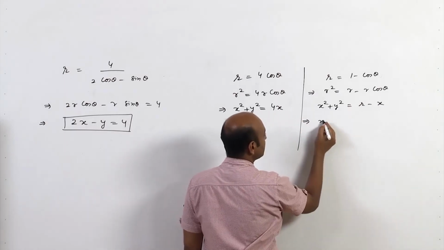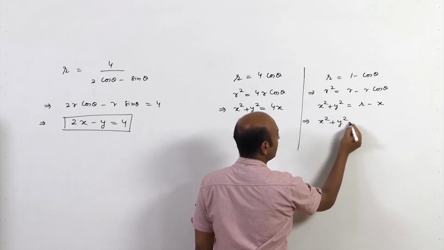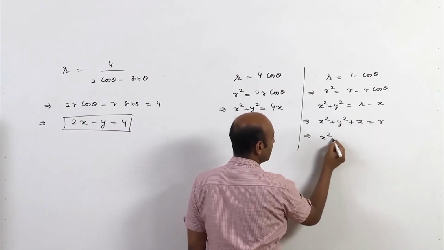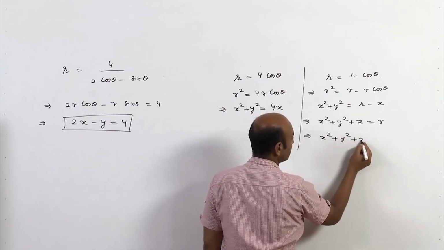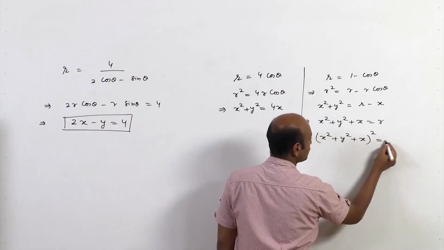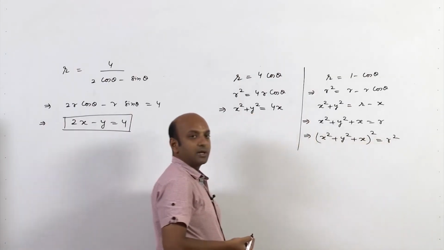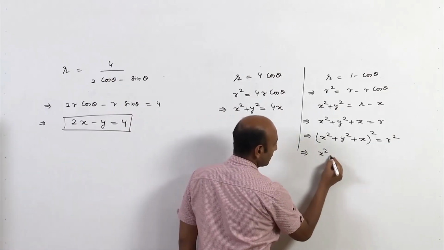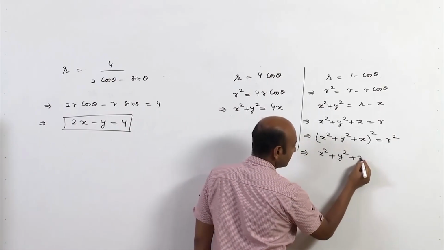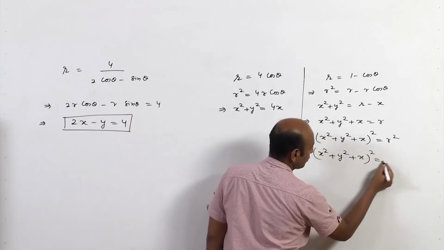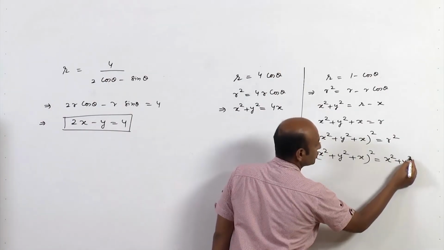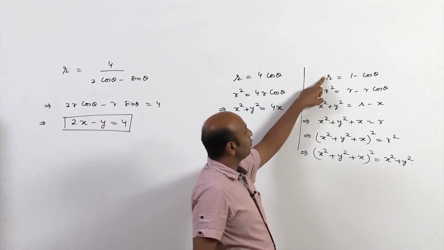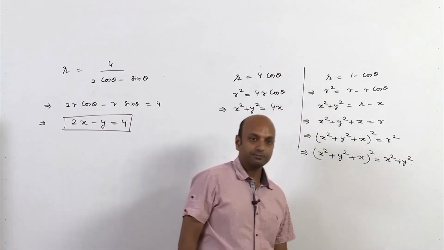Now, this implies x square plus y square plus x equals r, and this implies x square plus y square plus x whole square equals r square, and r square is x square plus y square. So, this implies x square plus y square plus x whole square equals x square plus y square. So, that is how we convert this polar equation into Cartesian equation.